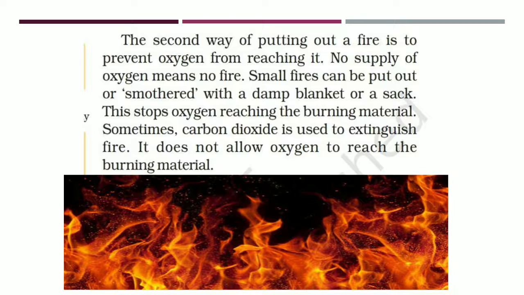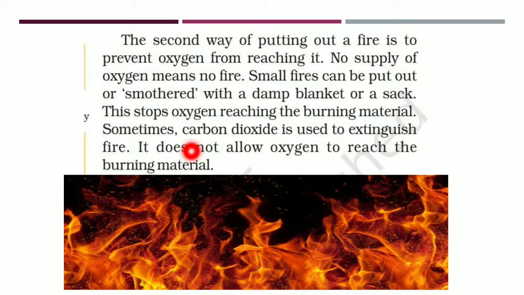Small fires can be put out or smothered. Smother means suffocated, or put out with a damp blanket or a sack, because they are so thick that they don't supply oxygen to the fire. This stops oxygen reaching the burning material if you put a damp blanket over it.